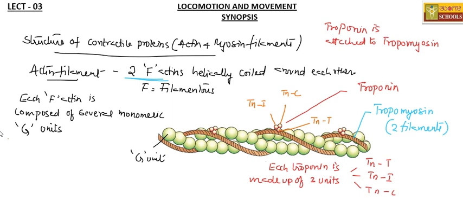So what is the function of the TNT? The function of the TNT is that it binds the other troponin components to tropomyosin. That is the function of TNT.